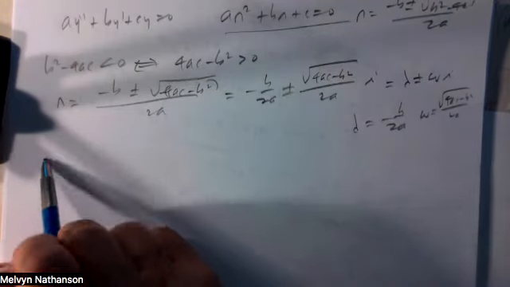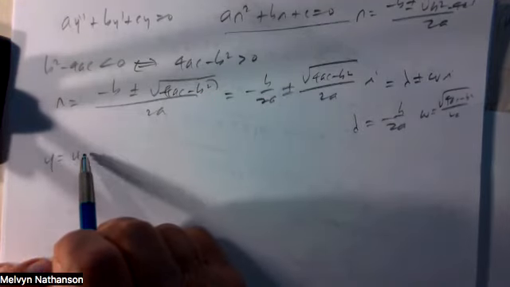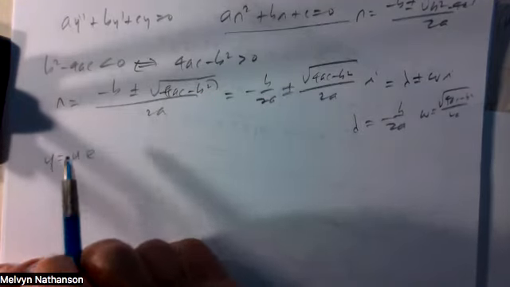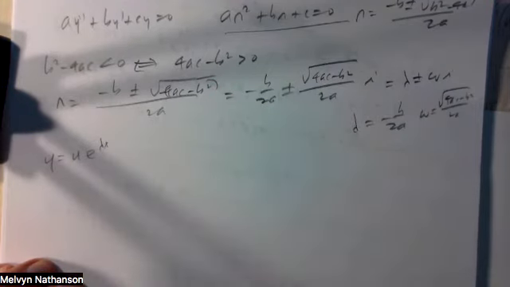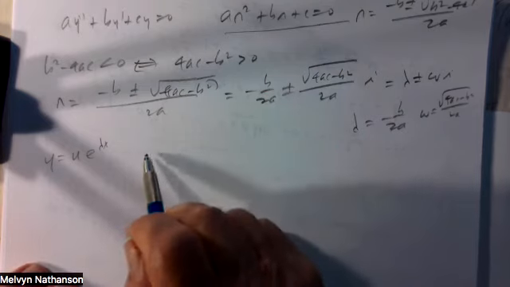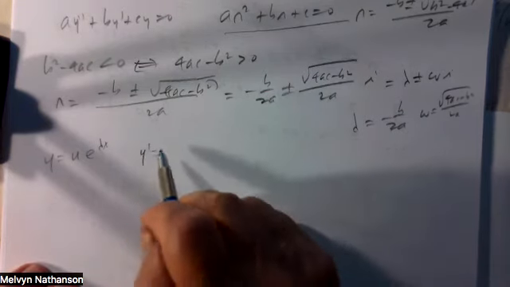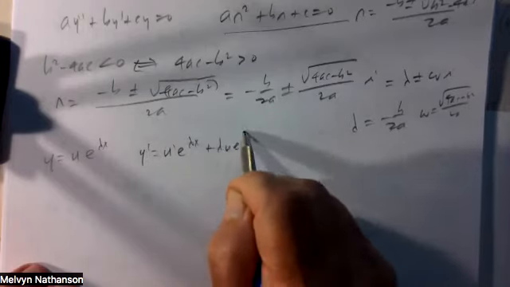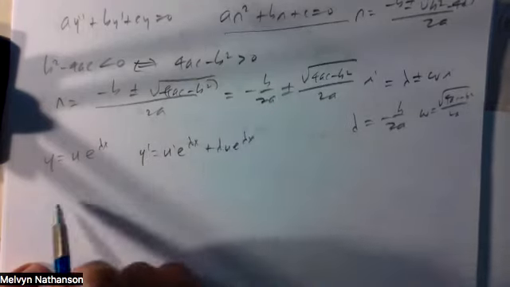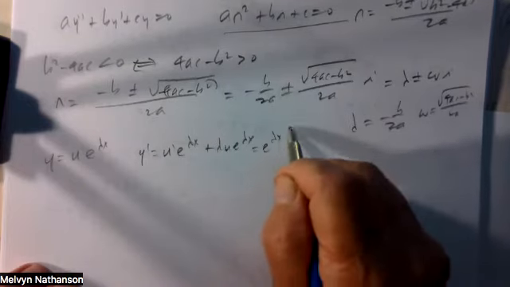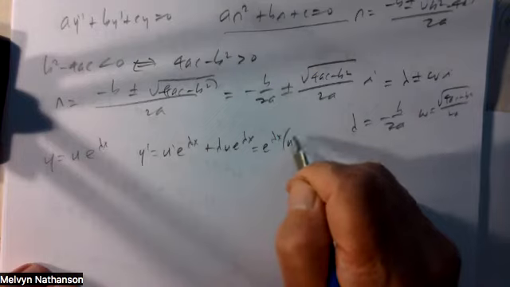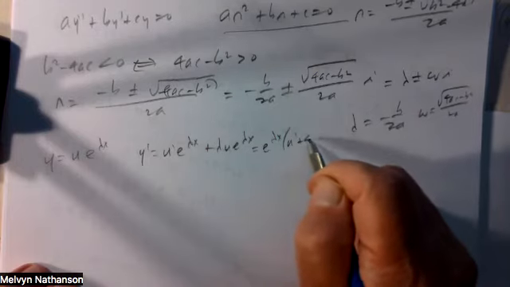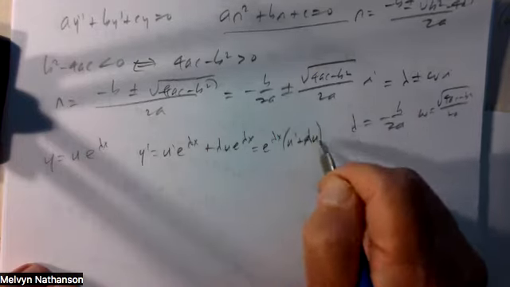I'm going to look for a solution of the form y equals u times e to the lambda x. So y prime is u prime e to the lambda x plus lambda u e to the lambda x, which is e to the lambda x times u prime plus lambda u.